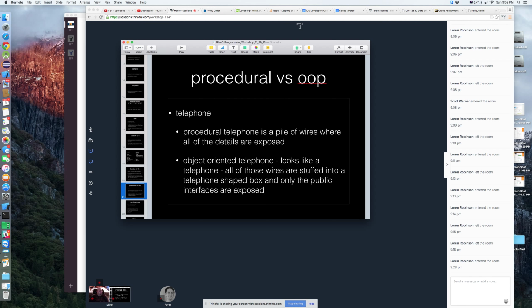That's the object-oriented telephone. And what's that telephone-shaped box called? That guy's called a class. So what's the difference between a procedural language and an object-oriented language? It's a piece of Tupperware. It's a container that we can stuff all of our toys in from the C language and poke a few holes into it and only expose the things that we actually are going to commonly have to work with.